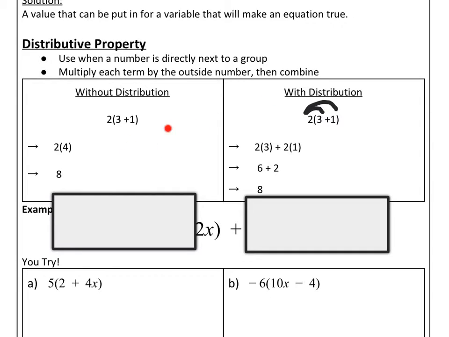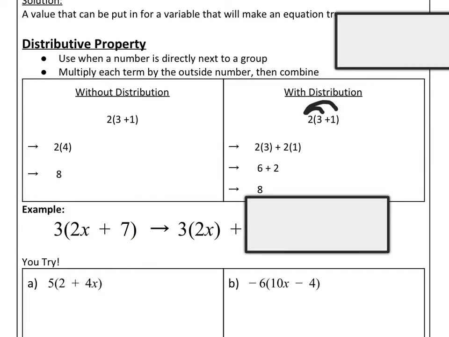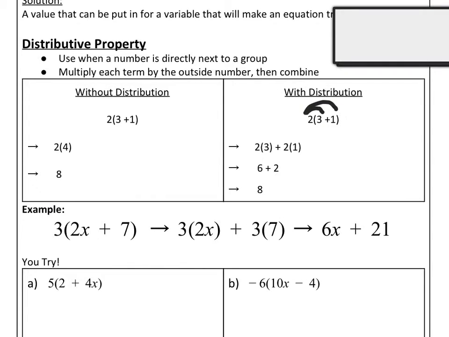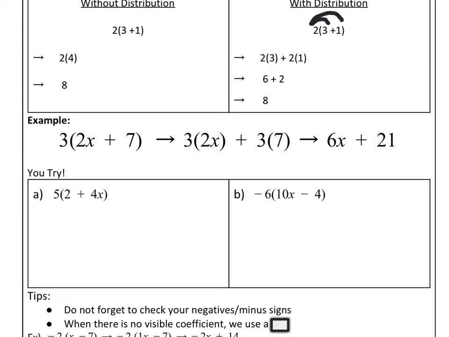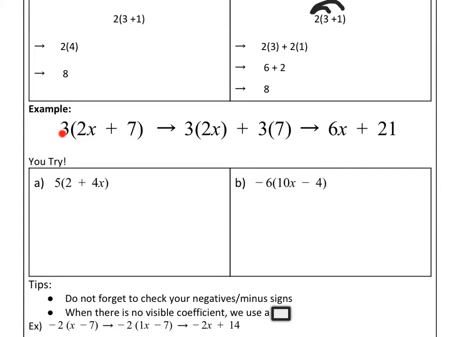Now you might say, why do distribution if you could just do it this way? But once we get variables in the mix, that's when it becomes a little bit more important. Like our example right down here. We have 3 times the whole group 2x plus 7. So what we do is we take that 3 and we multiply it to the 2x and we multiply it times this 7.